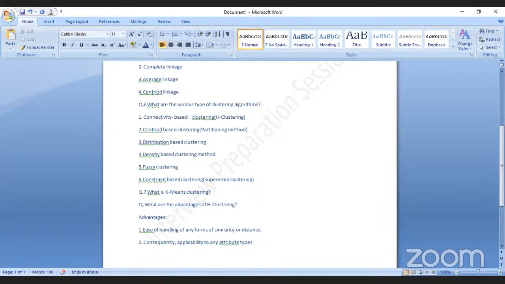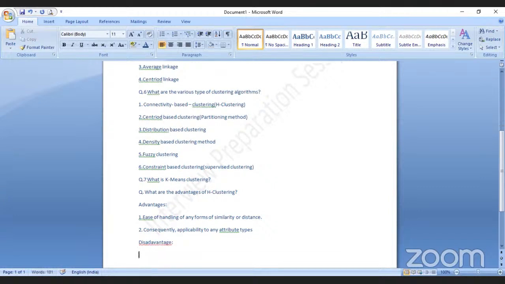So here the main disadvantage is that it requires the computation and storage of an n cross n distance matrix. Here n is nothing but the number of records we are taking.